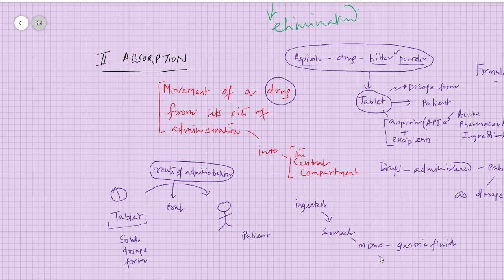What are the physical changes? It undergoes disintegration. Disintegration means it breaks down into smaller particles, and these smaller particles dissolve. Only after it gets dissolved does it get absorbed.